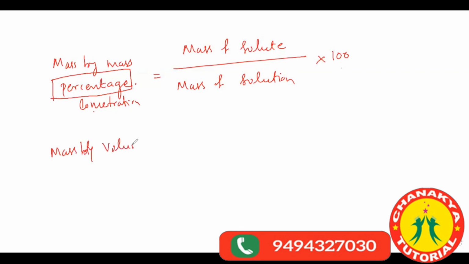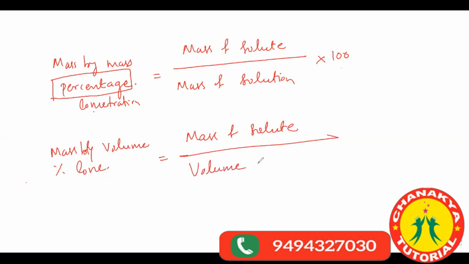The next one, mass by volume percentage concentration. I'm writing in a short form. Please write it in full form. Percentage concentration name you need to write. So you're going to write mass of solute upon volume of solvent multiplied by 100. And the next one is what?